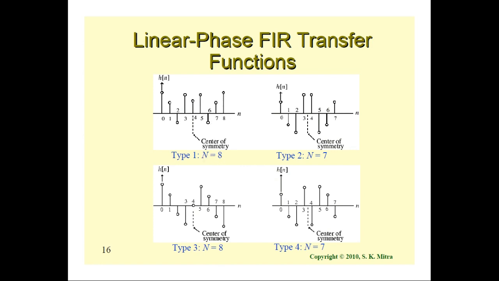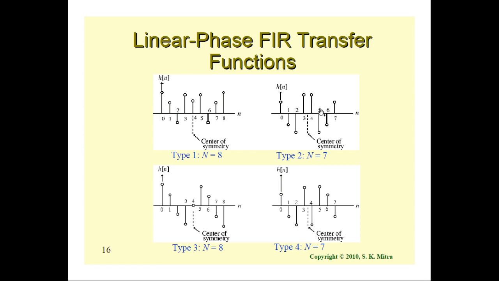Therefore, the length of this response will be odd, that is, in this case it will be 9. Because the response is causal, the center of symmetry will be at n equal to N by 2, which is 4 in this case. And you can clearly see that around this center of symmetry, the coefficients of the impulse response exhibit the same amplitude.